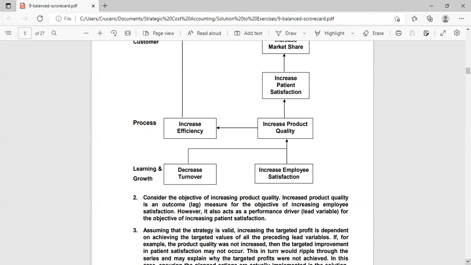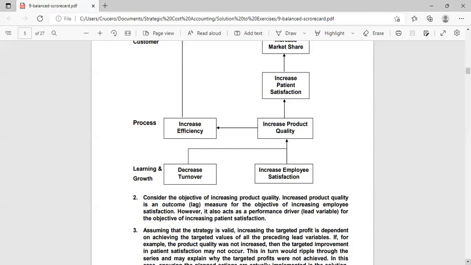So assuming that the strategy is valid, increasing the targeted profit is dependent on achieving the targeted values of all the preceding lead variables. If, for example, the product quality was not increased, then the targeted improvement in patient satisfaction may not occur.